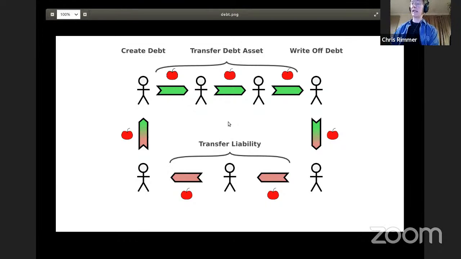Or alternatively, if the borrower defaults, then the bank itself will have to transfer some valuable assets to the holder of the money, the holder of the deposit. So the bank is acting like an insurer for ordinary people's IOUs. If the person who borrows the money doesn't introduce into the market at least as much as they take out of it, then the bank will make up the difference, and that's the point of the bank's capital.